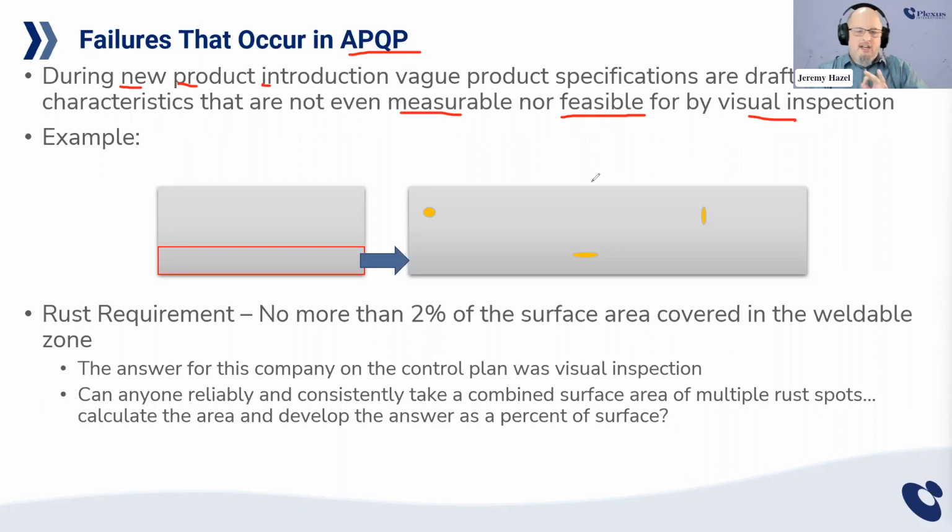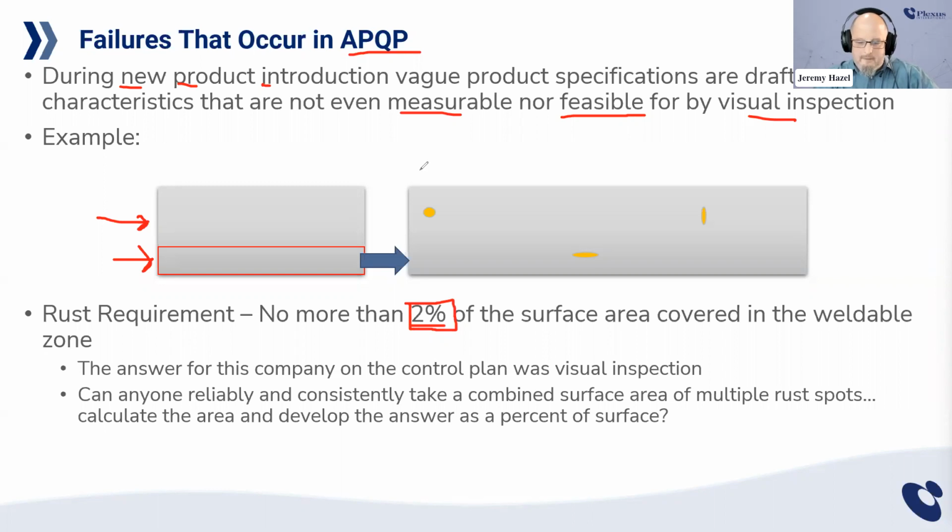A very common example that I have seen propagated 101 times is in, say, rust requirements. We will see a requirement called out from a customer that says no more than 2% of the surface area covered in the weldable zone. So they've identified the weldable zone and they've given an actual variable type of measurement.